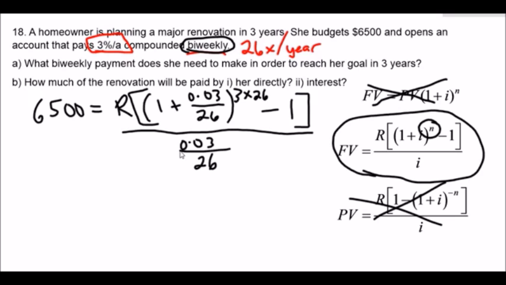So now be careful with your calculator, and let's figure this out. First of all, I'm going to go into the bracket. So the bracket says 0.03 divided by 26, and then I'm going to add 1, and it's 1.001154.